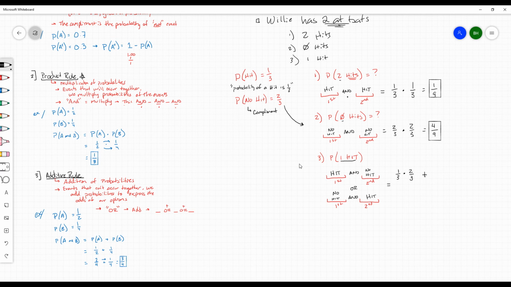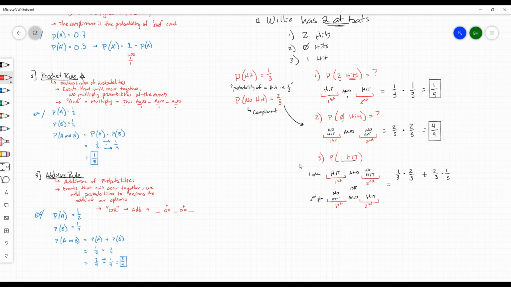So in this case, with an or, we're going to be adding the probability of this option. This is one option that can happen, or one possibility. This is a second option. Plus no hit multiplied by him actually getting a hit.